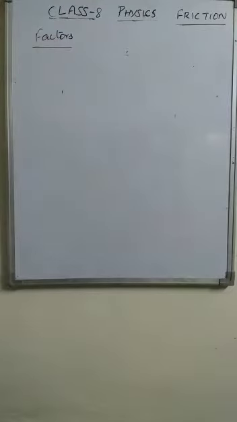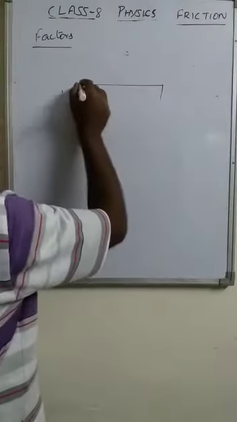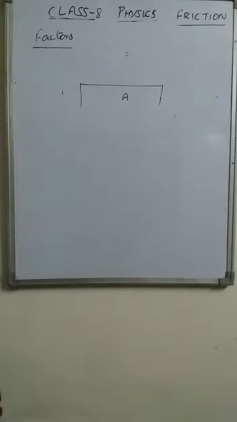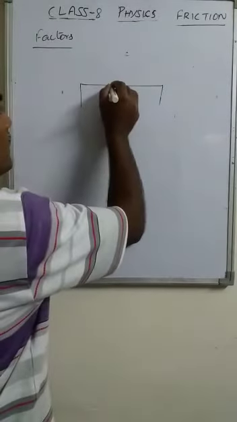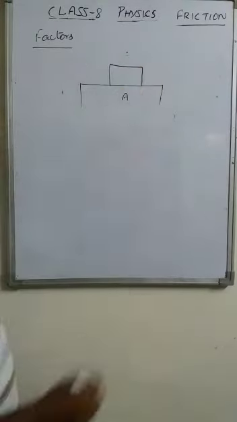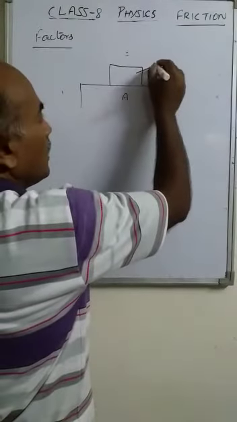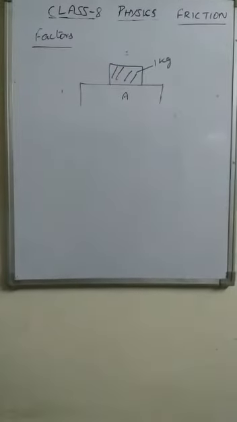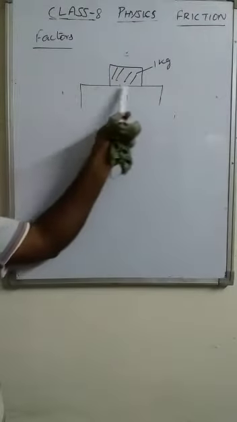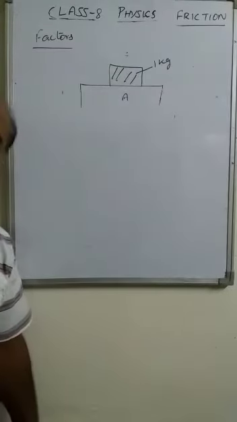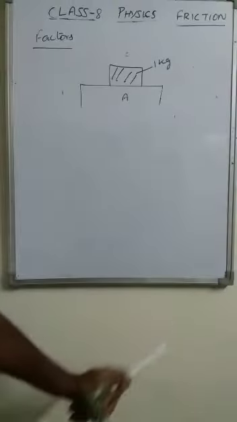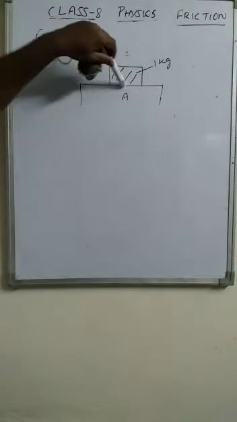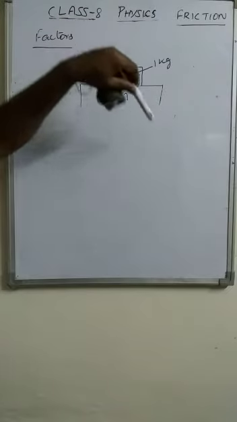Suppose we have one surface, A, and we put some weight on this surface. Suppose it is 1 kg. This surface has some irregularities, and the surface of the weight also has some irregularities. On this portion they are in physical contact.